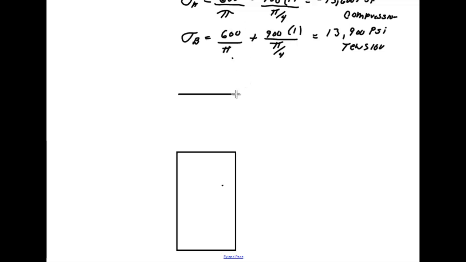Then in this area here, you'd have 13,600 in compression. And here you'd have 13,900 in tension.